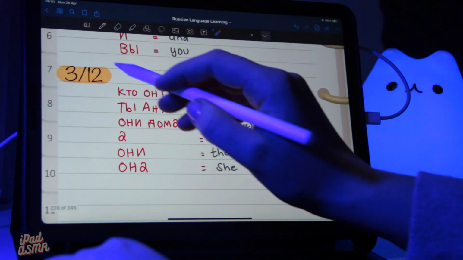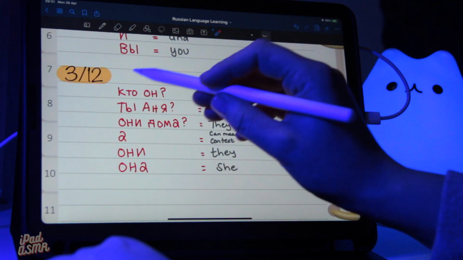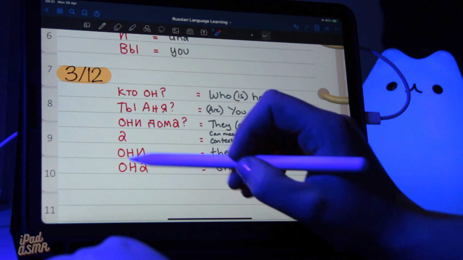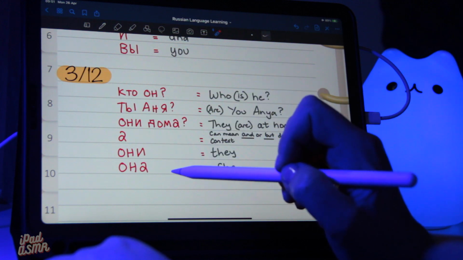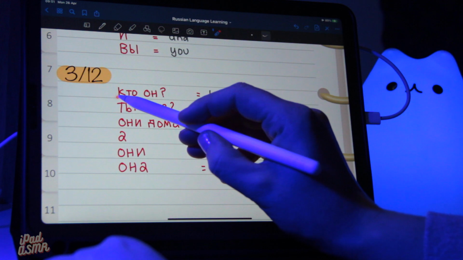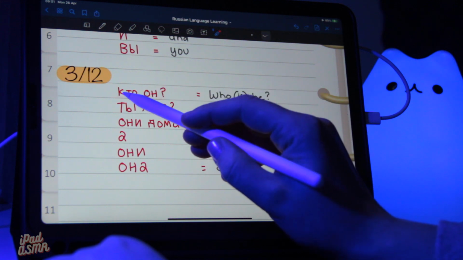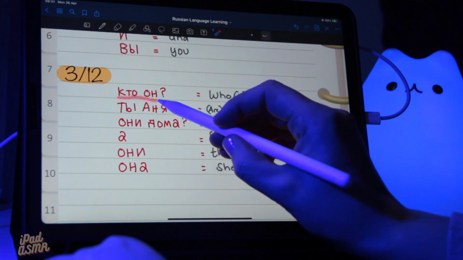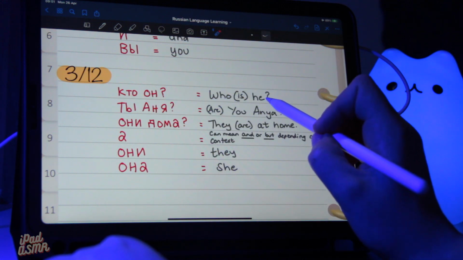So lesson 3 of 12 puts those words together into context, plus gives us a couple of extra ones to learn too. So we have kto on. Who is he?